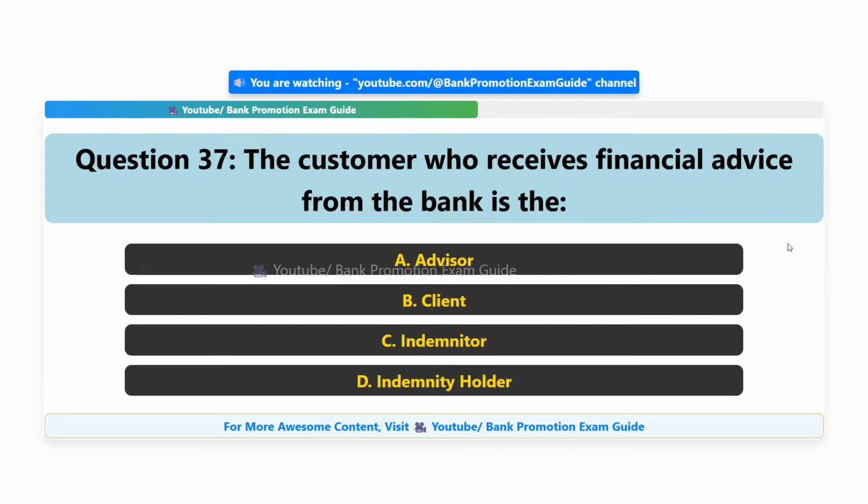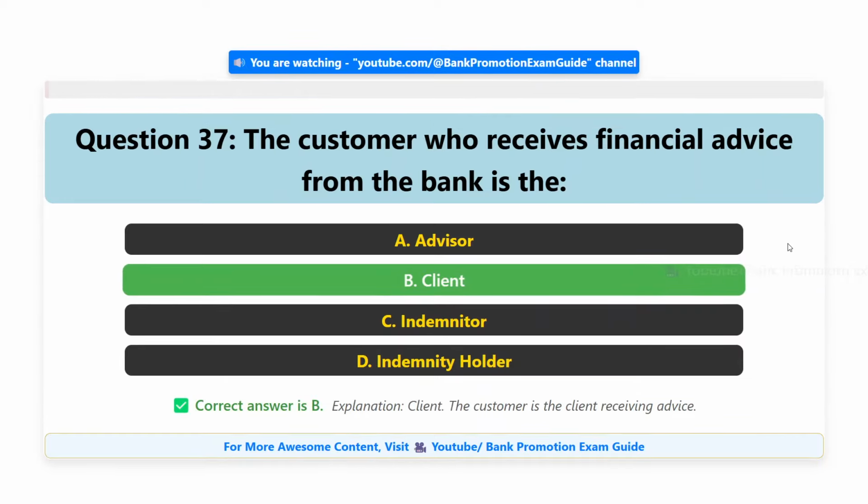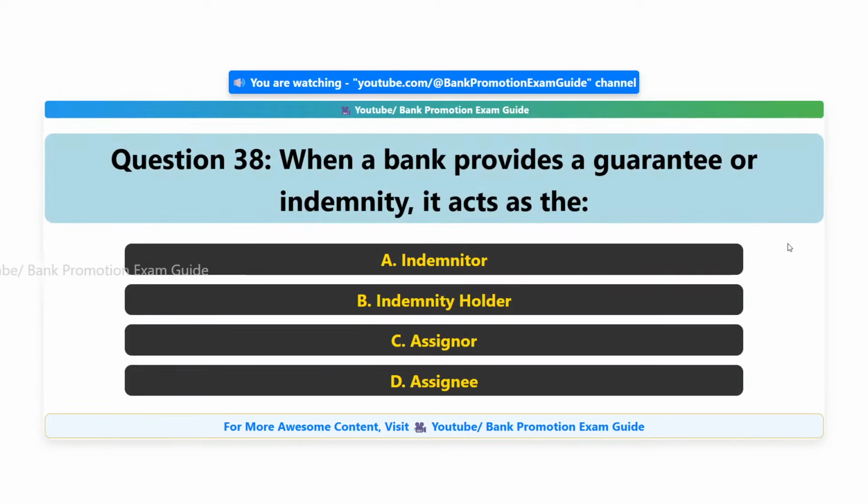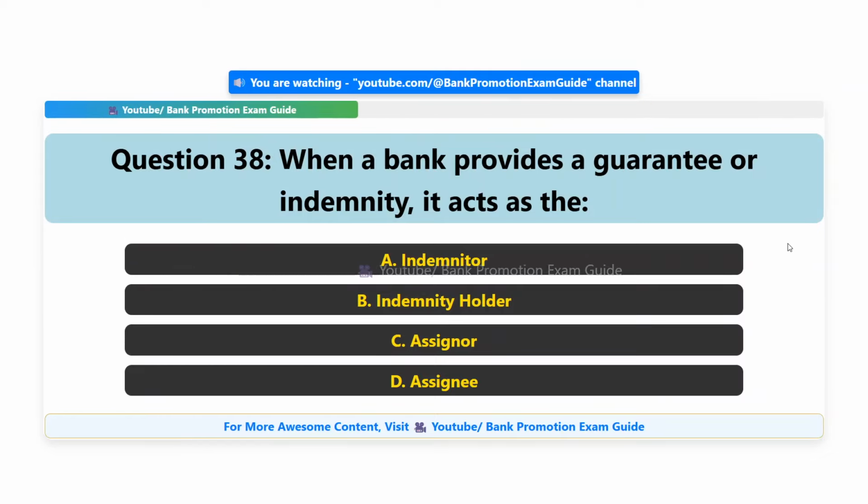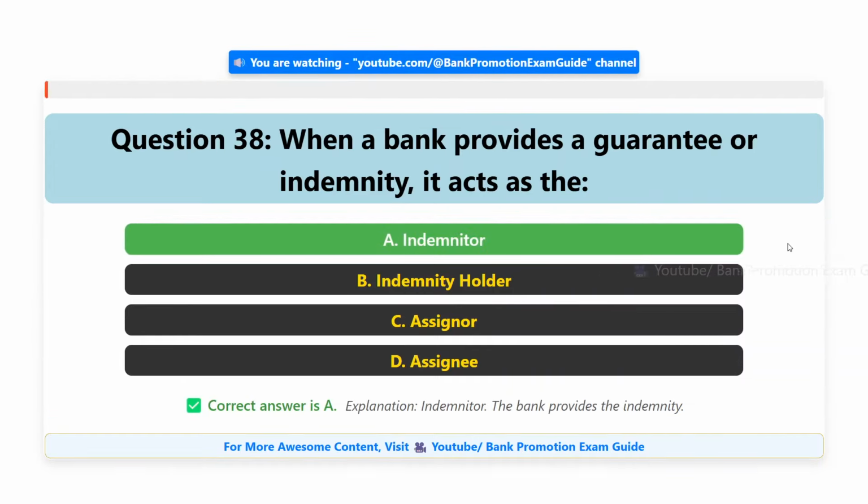Question 37. The customer who receives financial advice from the bank is the client. The customer is the client receiving advice. Question 38. When a bank provides a guarantee or indemnity, it acts as the indemnitor. The bank provides the indemnity.